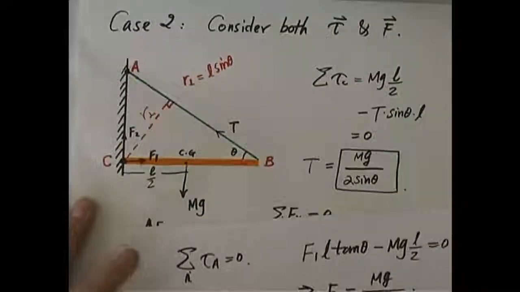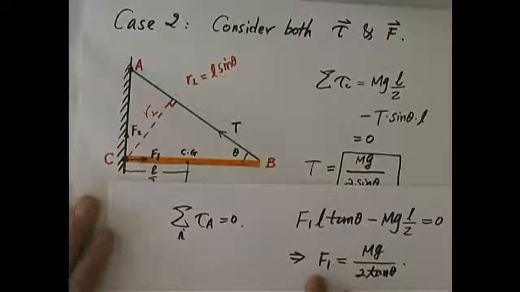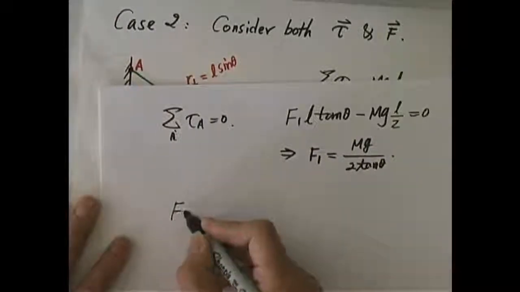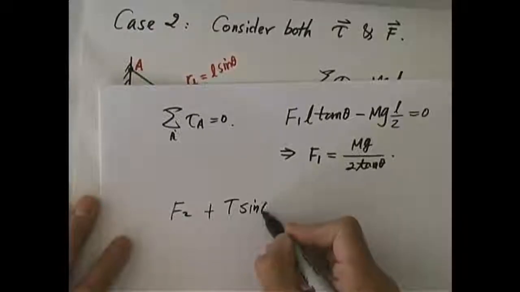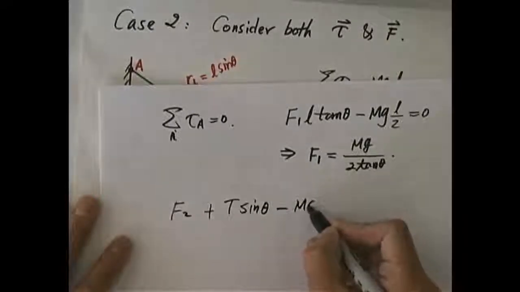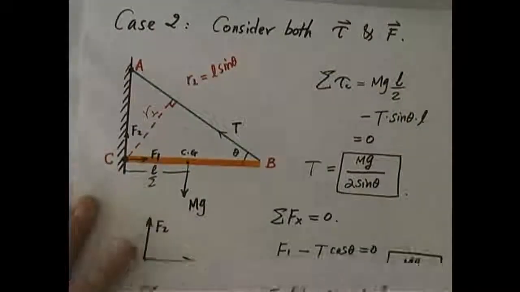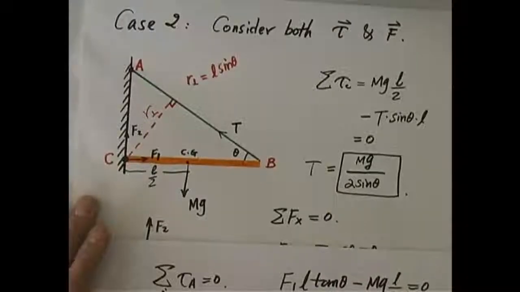Okay, so let's write it down. So you got F2 plus T sine theta minus mg has to equal 0. I know what T is. T is mg over 2 sine theta.